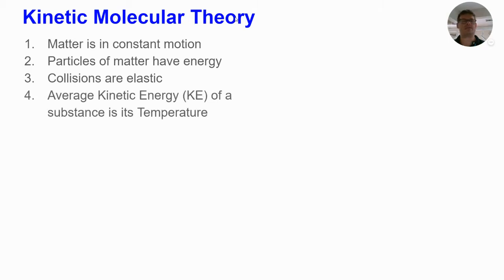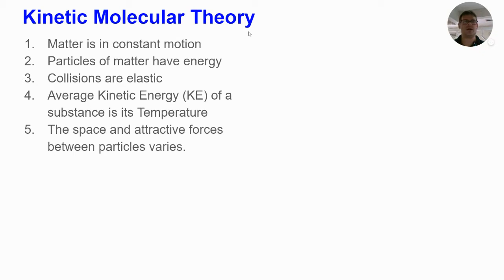And as those particles have energy, they all have different energy. So the average kinetic energy of a substance is its temperature. Remember, temperature isn't really a thing. It's just a scale of how fast or slow certain things are moving. And then last, there's space between particles, and there are attractive and repulsive forces between particles as well.